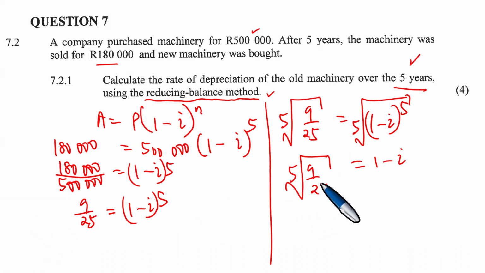I know that tomorrow you guys are going to school, so I must think for you. The rate of depreciation, we want to be in a position to solve for I. So we move this I to the left, and then we have 1 minus the 5th root of 9 out of 25.